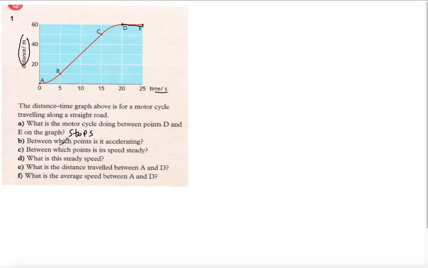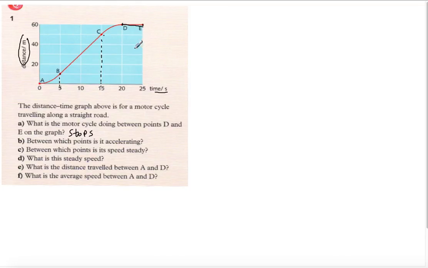Then B, between which points is it accelerating? First let us look between B and C. There is a constant increment between B and C, and a constant increase means that it goes with constant speed.